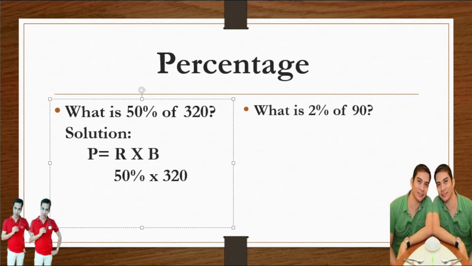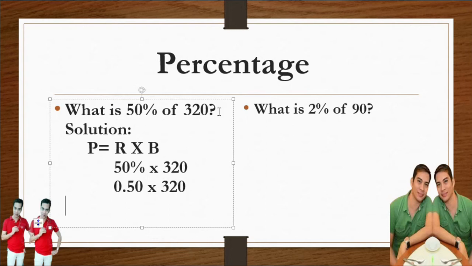Okay, so 0.50 times 320. So, 0.50 times 320, the answer is 160. So, what is 50% of 320? The answer is 160.